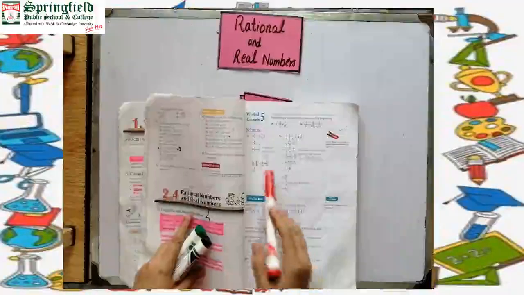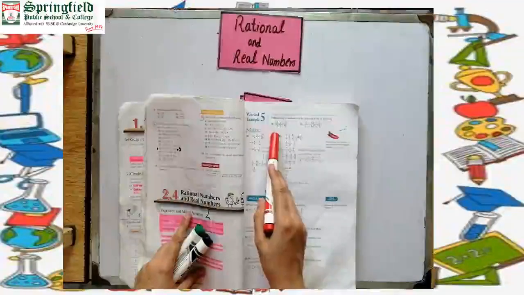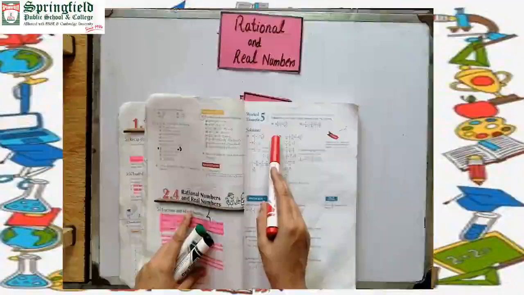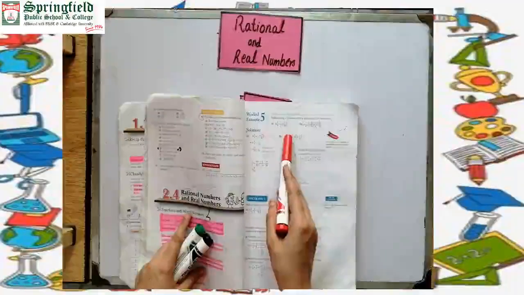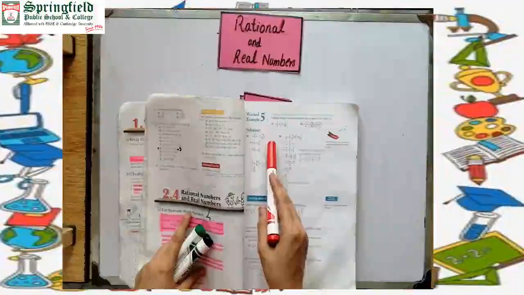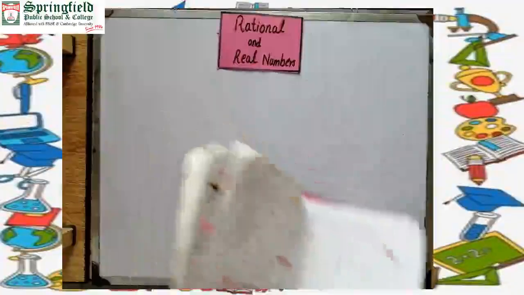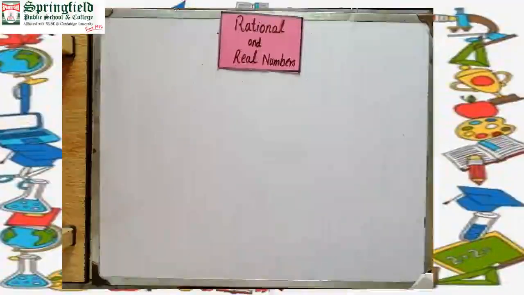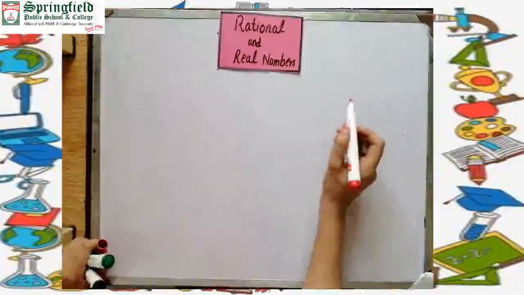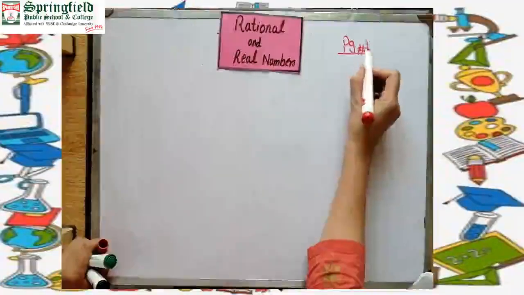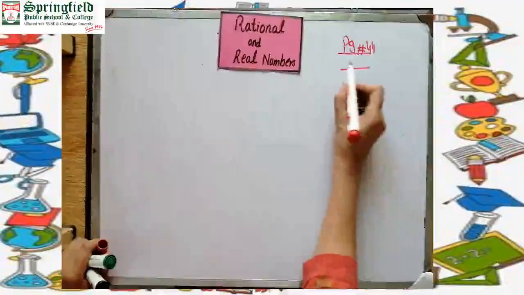Example number 5 says, without using a calculator, find the value of each of the following. There are two mixed numbers being added. So how can we find the final solution of two or more mixed numbers? Example 5, page number 44.